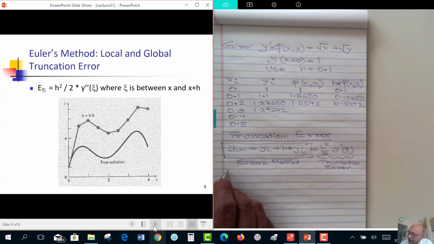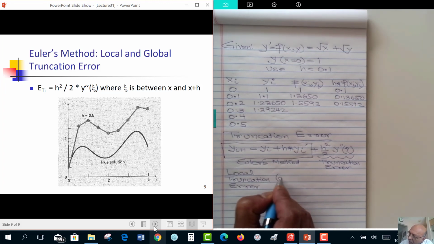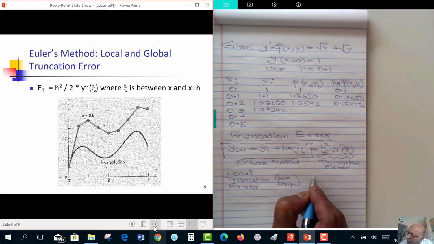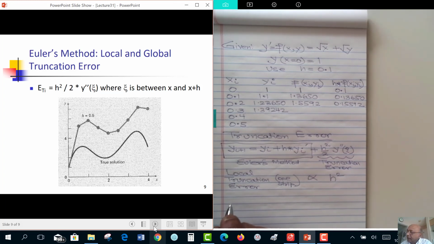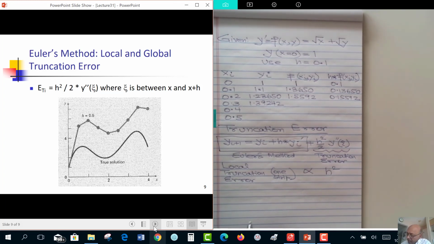So what we are saying therefore is our local truncation error, which is one strip, is proportional to h squared. So it's an order h squared local method. But we should look at global truncation error.